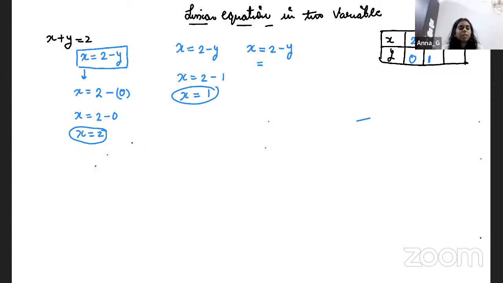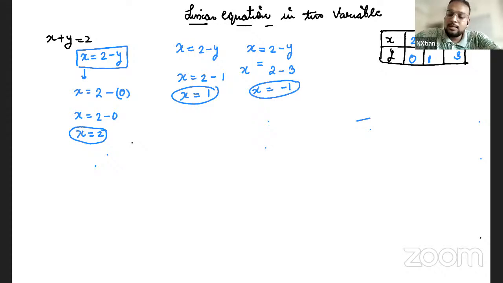Yeah, take any number, I'm saying. You can take 2, 3. You can take your birth date, any number. 2 minus 3. So what will be the value of x then? It's minus 1. Very good. Still here, any problem, guys? Yes or no? No problem.